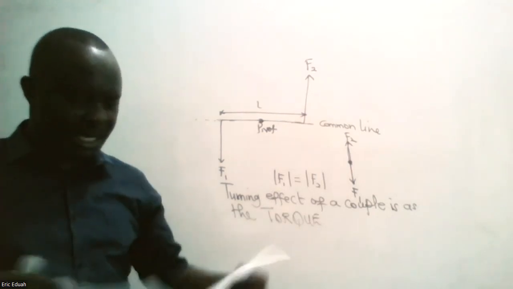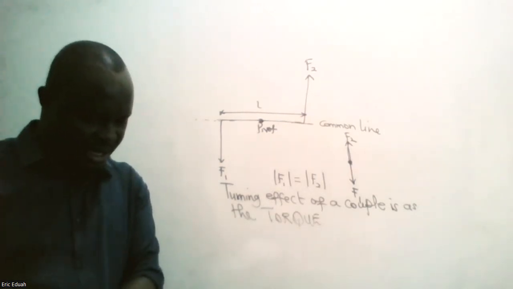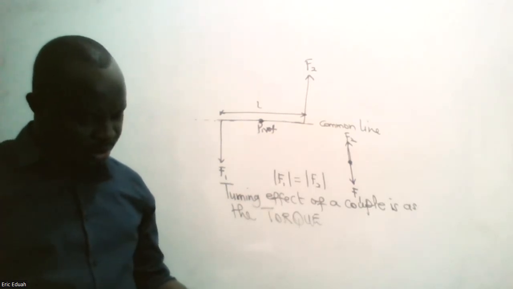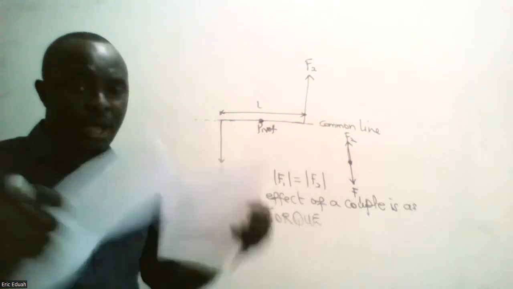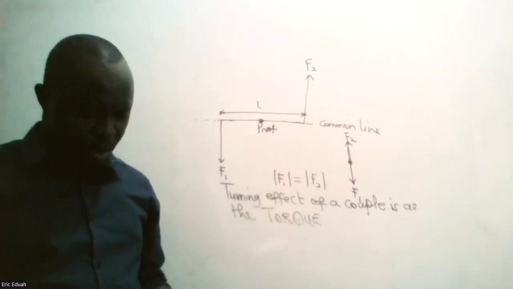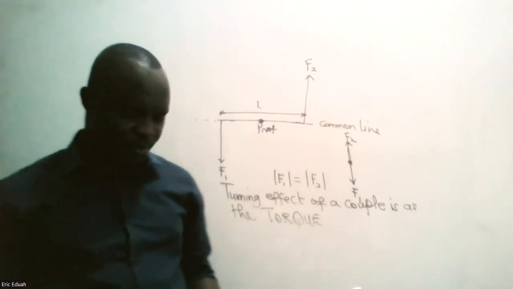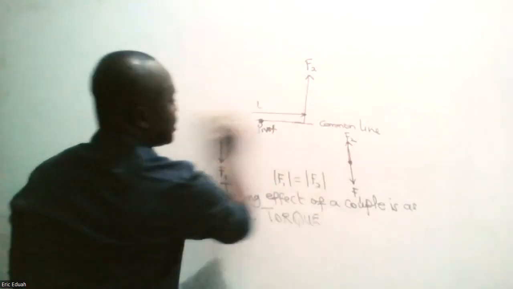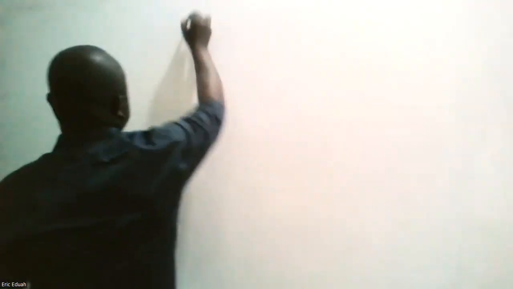All right. Let's look at the moment question, question 4. A uniform beam of length 3 meters has a mass of 6 kilograms. Let me partition the board nicely. So we have a uniform beam.